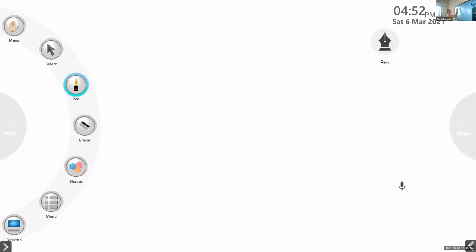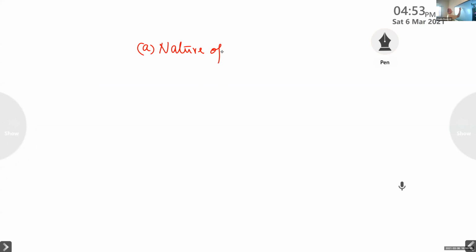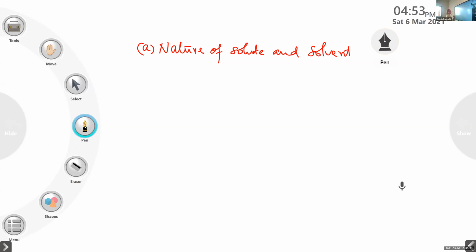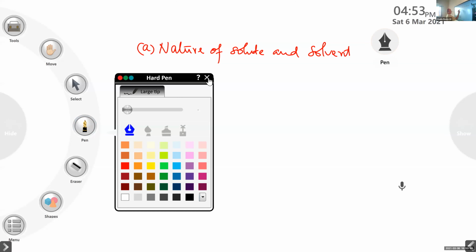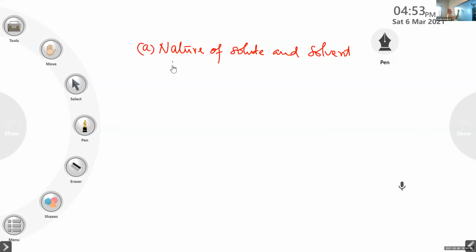First one, A, nature of solute and solvents. There is a general principle for solutions, and I think you remember it: like dissolves like.